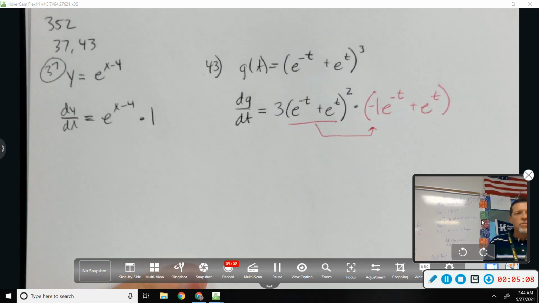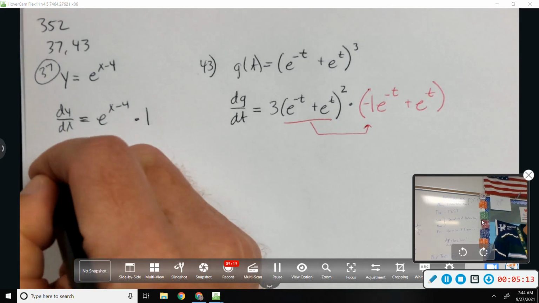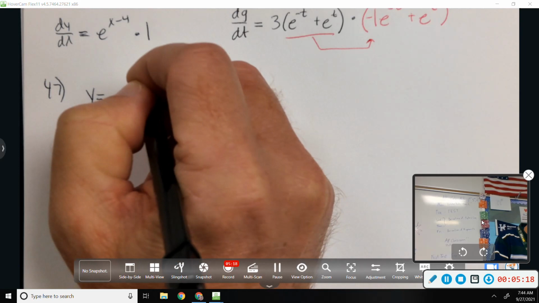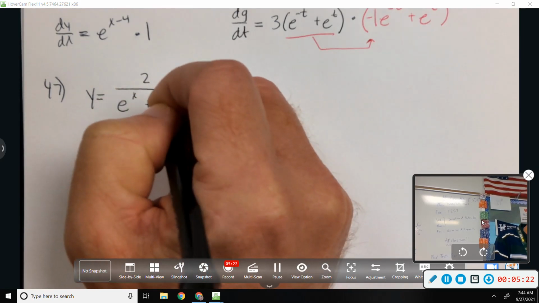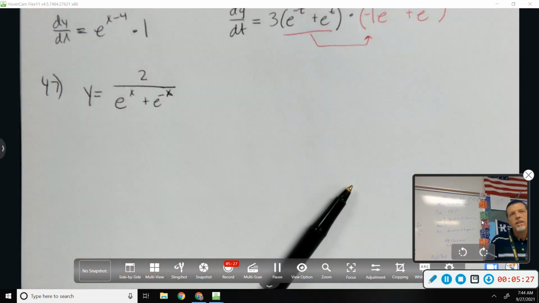Other questions from 352? 47. Did you try 47? Good. I tried it, and then what I did was not what CalcChat did, and then I kind of followed what they did. Okay, because the reason I ask is there's two ways to work that problem. You can quotient rule it, that's what I tried.